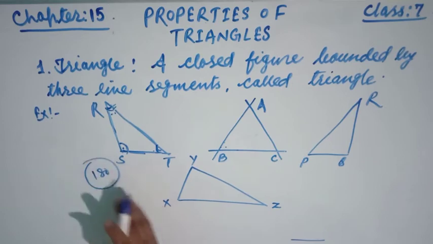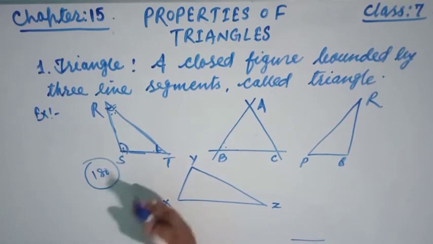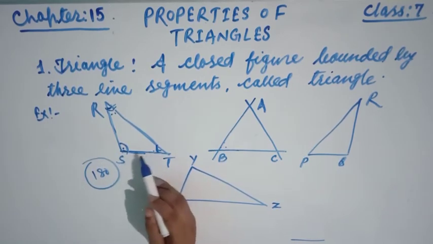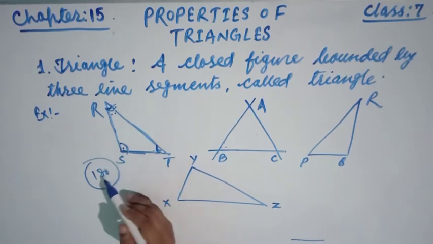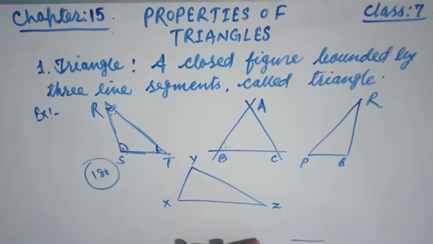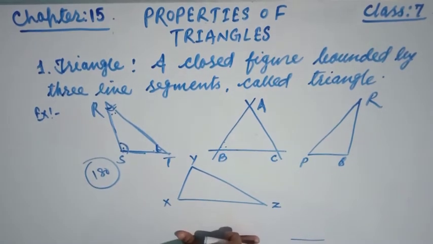And in this chapter we will prove how the sum of these three angles of a triangle is 180. Okay, move to the next point.